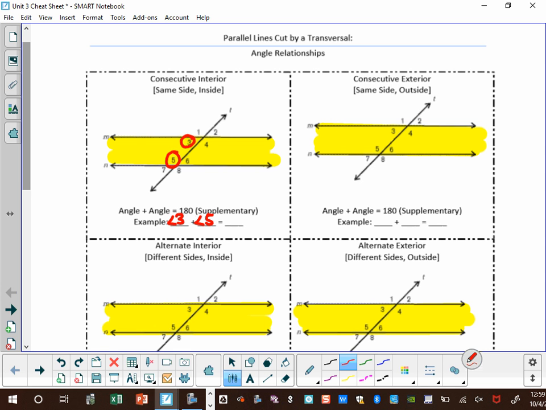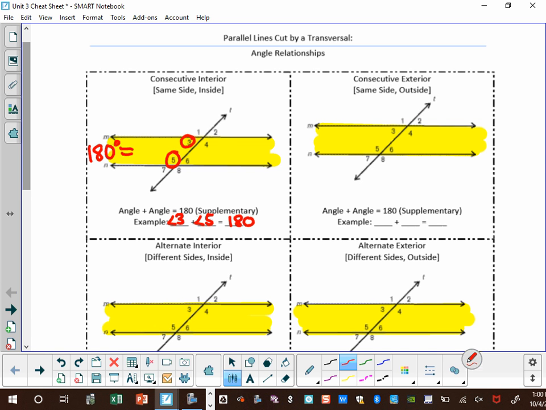Consecutive interior means that these two angles equal 180 degrees. So therefore, angles 3 and 5 equal 180 degrees. If it's the same side consecutive, it equals 180. So if you wanted to put examples 4 and 6, that's fine. I'm just giving you one example.